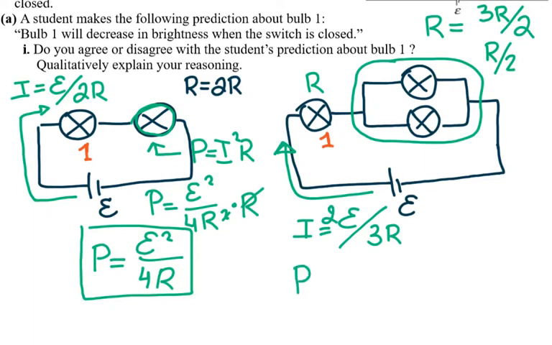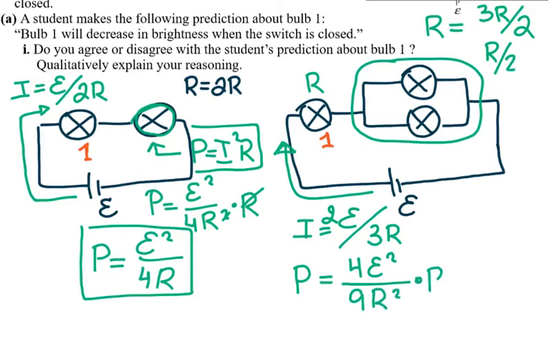And the power on the first resistor is equal to the current squared times R, so I'm going to use the same formula, I squared R, so that is 4 EMF squared over 9R squared times the resistance. So one of the R's cancels and I have 4 over 9, and then EMF squared over R.